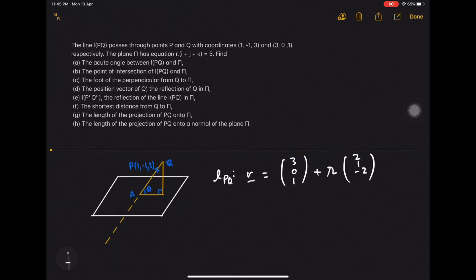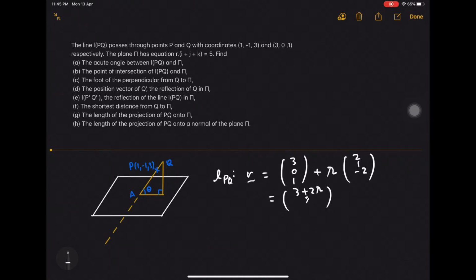So I'm going to write my line PQ. This line is going to intersect the plane, and I have my equation of the plane there. So I'm going to substitute the r of the line into the r of the plane. But before that, I'm going to combine it together, and this will get you 3.